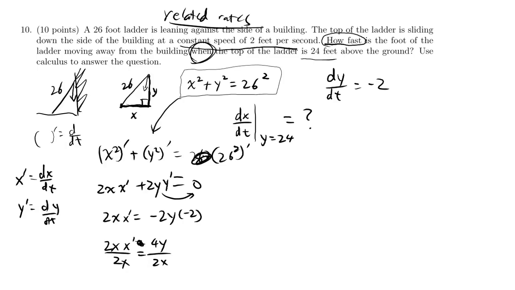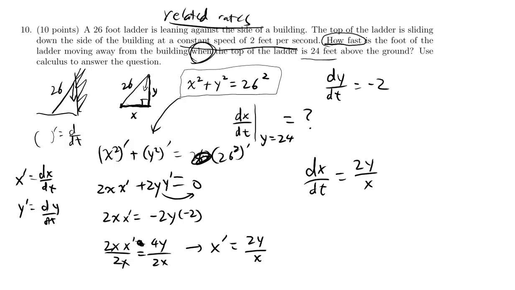So you have x' equals, after 4 divided by 2 is 2, 2y over x. So we're almost there because we're looking for this dx/dt, and we figured out that it's the same as 2y over x. But it's asking me for dx/dt when y is 24.